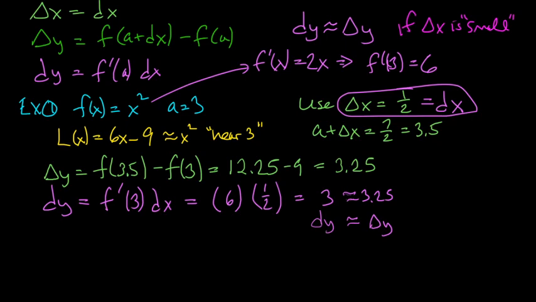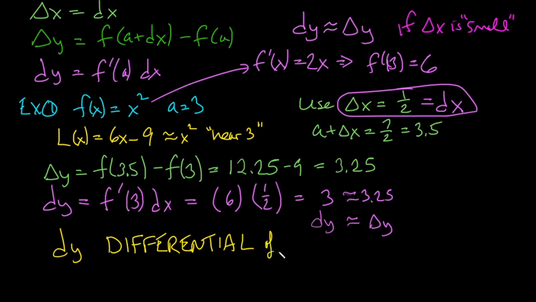And then one last thing before we go is to mention what this dy is. This dy is sometimes called a differential. So the differential of y is just dy, and it's really just the derivative of the function times dx.